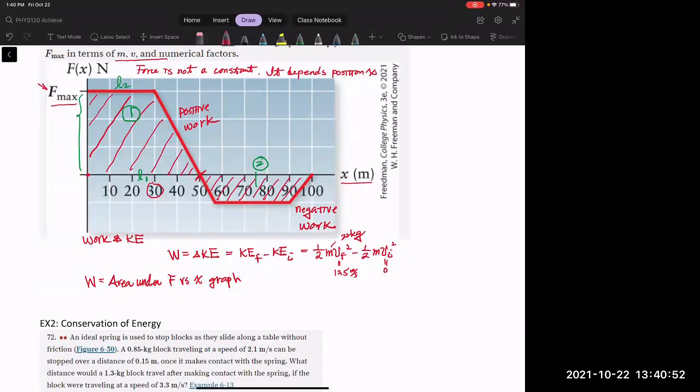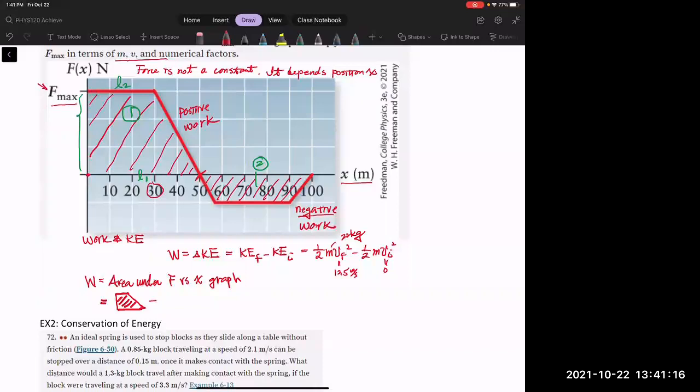Okay, the thing that people will make a mistake on is that you are going to get the first one, which is this much area. And the second one here, you cannot simply add them, because the second one is a negative work.